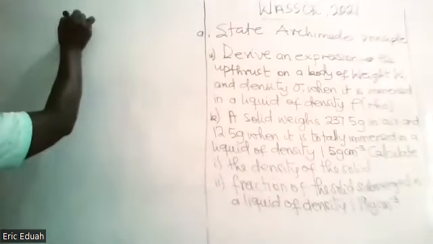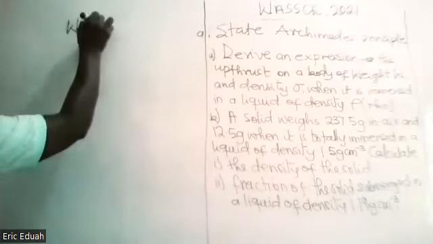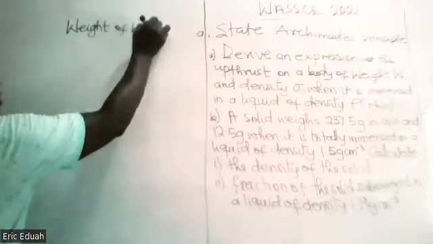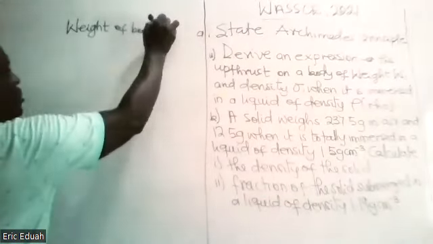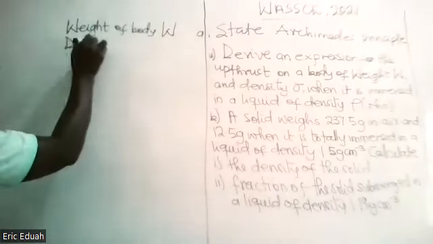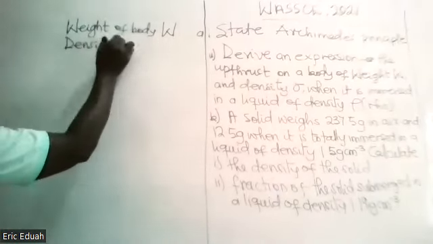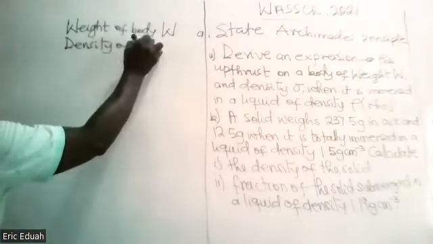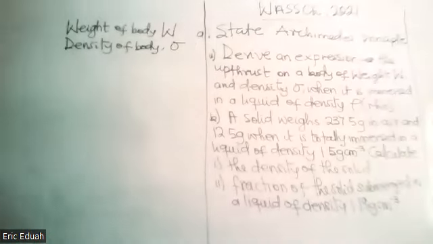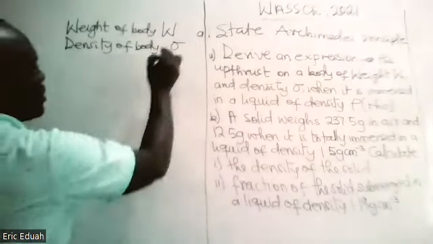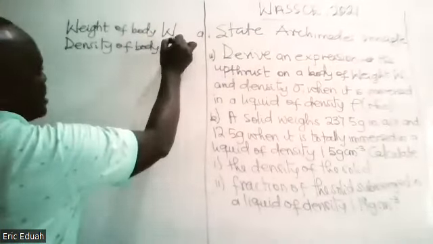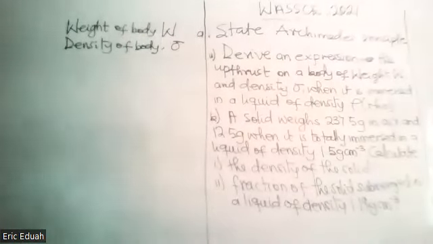Weight of body is W. Density of body is sigma. The body has a density of sigma. Please write the letter well.